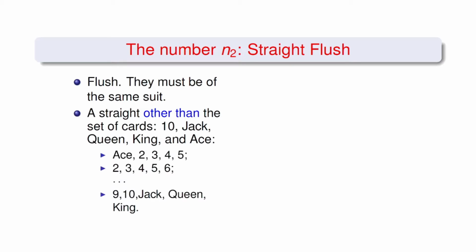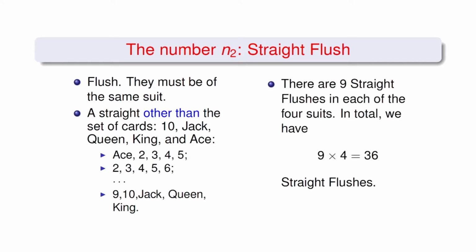For instance, they can be Ace, 2, 3, 4, 5; 2, 3, 4, 5, 6; and finally 9, 10, Jack, Queen, and King. So these are all straight flushes.